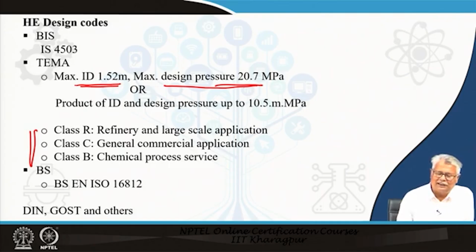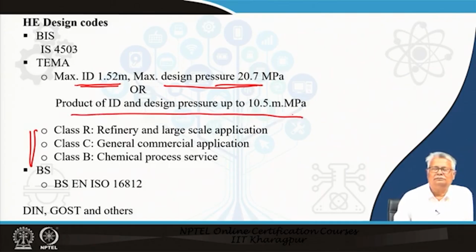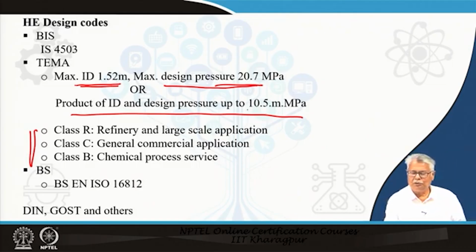There is another way they have defined the applicability of the code, which is the product of the ID in meters and the design pressure, and the maximum limit of this is 10.5 meter megapascal.